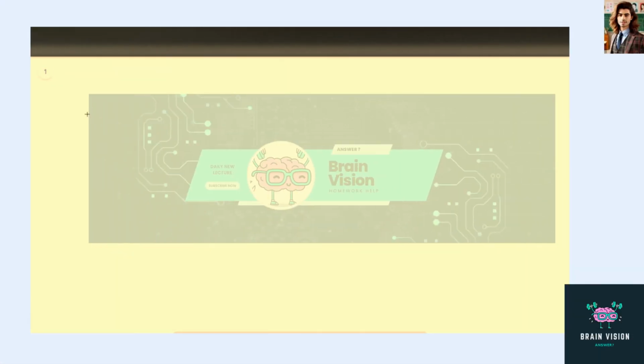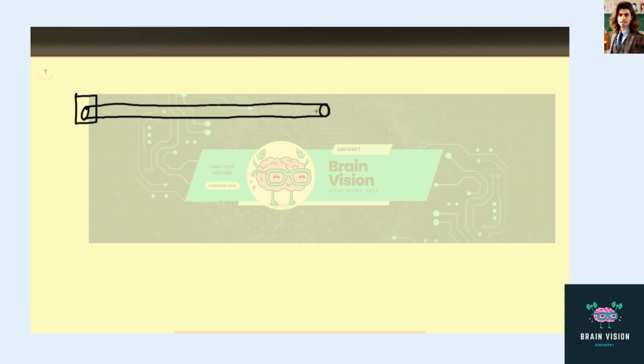Let's first draw out the system. We have a rod, and at either end of the rod we have a mass, and then in the middle we also have a mass.